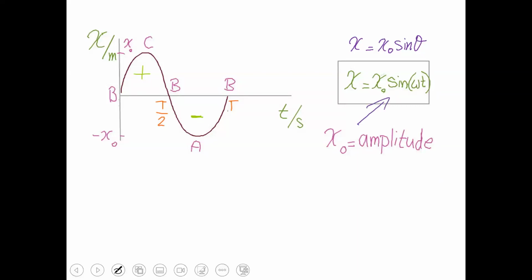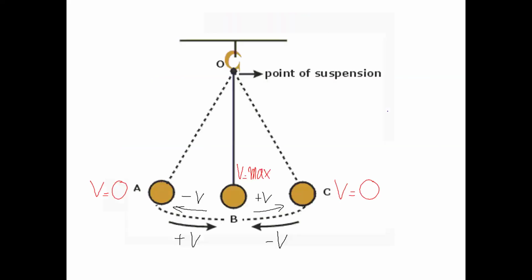Now, in this chapter, they have used trigonometric equations to simplify the concepts of oscillation. Then we have velocity. At the mean position, velocity will be maximum.